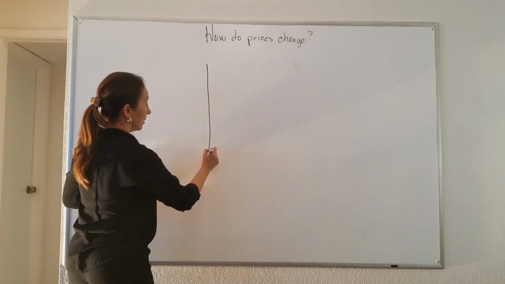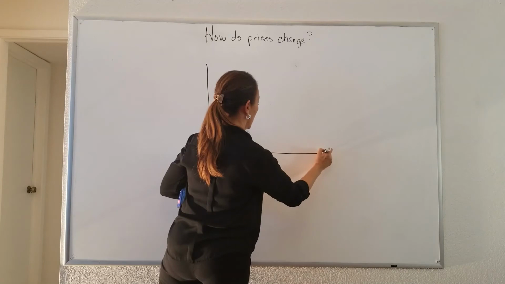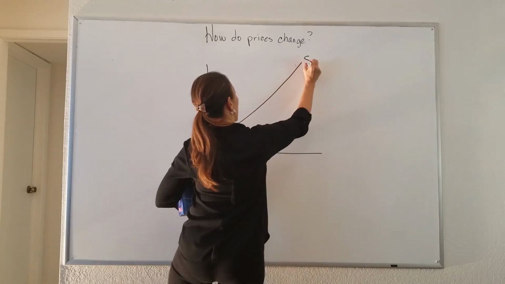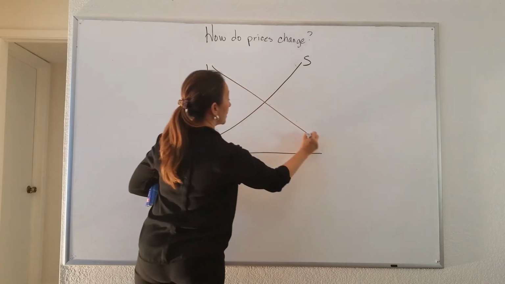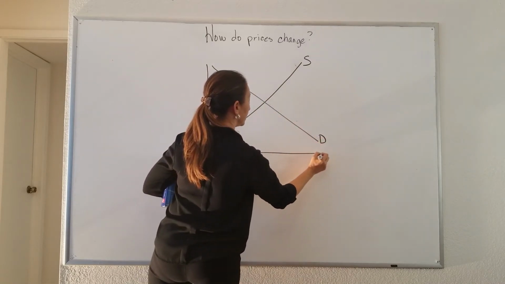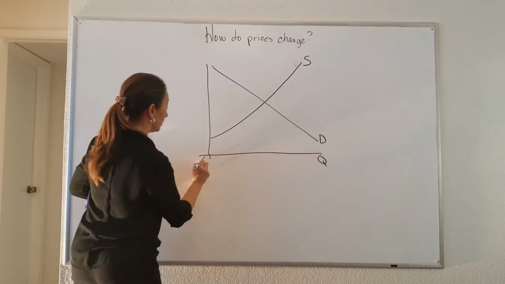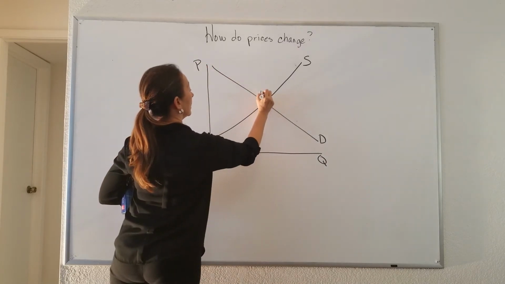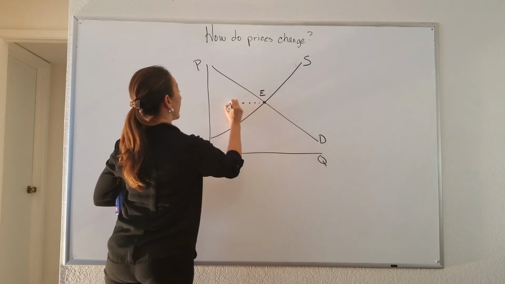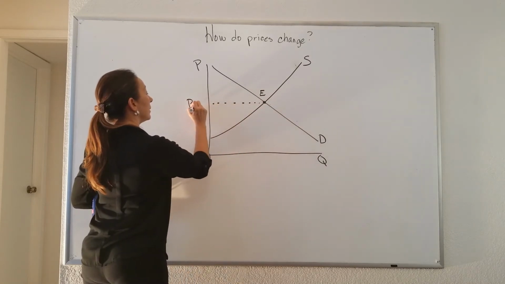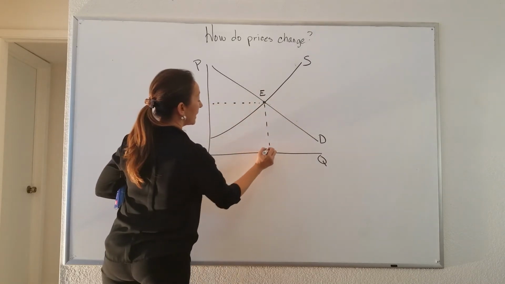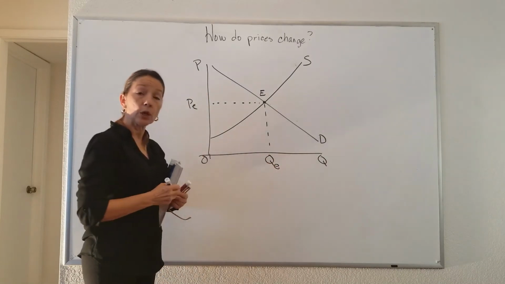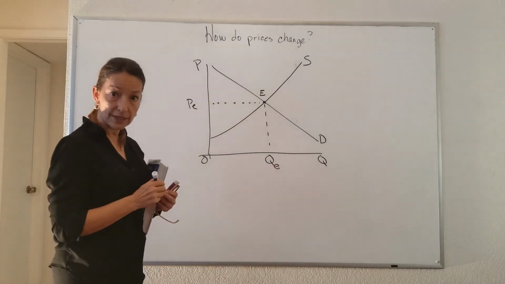Draw a big X, label your graph, label your equilibrium point, your equilibrium price, and your equilibrium quantity. It's a cold day, demand shifts to the left.